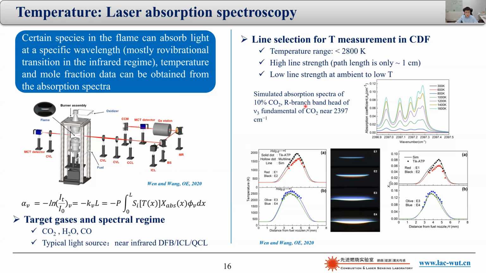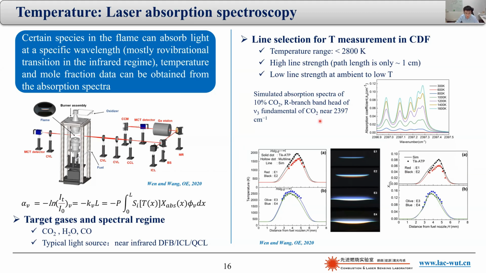So finally, we choose to target the CO2 species, and we select the R branch of the bandhead of the nu3 fundamental of CO2, which is around 4.2 micrometers. It's in the mid-infrared region.